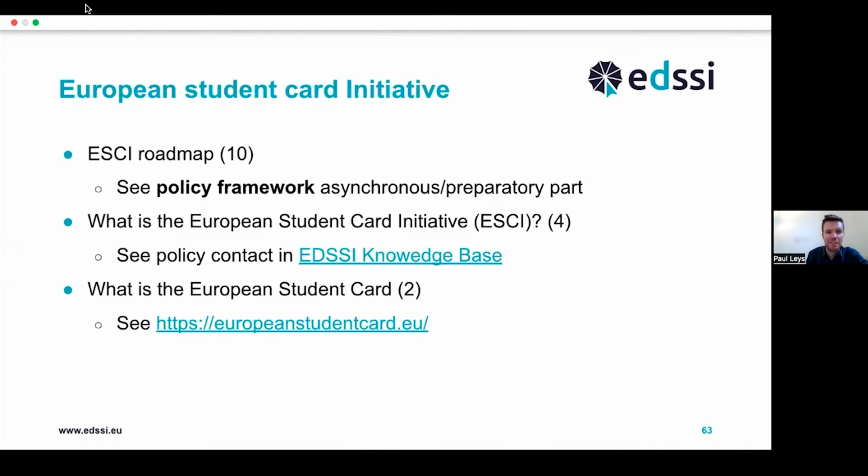And I think Anikó already alluded to that, that the student can demonstrate their student status without needing a real card, but in an online manner, he or she can identify him or herself as a student, and then can benefit from services in whatever country, maybe from higher education, but also outside of higher education, depending, of course, on whether those service providers want to provide services to students. For example, libraries, it could be very much opened towards the whole student community.